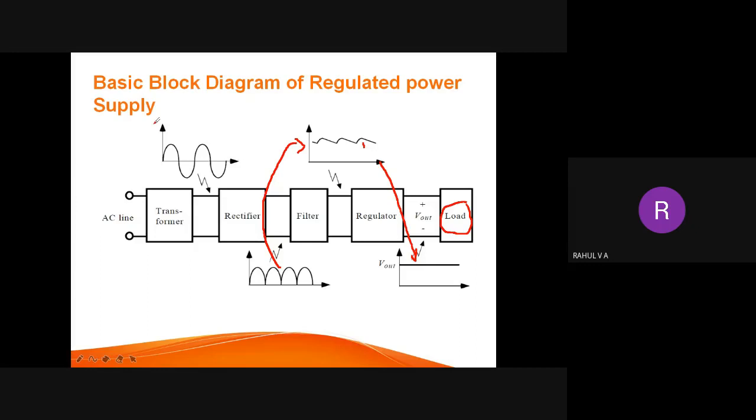Even if it is 180 volt, even if it is 250 volt, even if it varies in between, it will always give you 5.1 volt. So if you use a regulator in the circuit, it will give you a constant output voltage always. Okay, so that is the use of a regulator circuit.